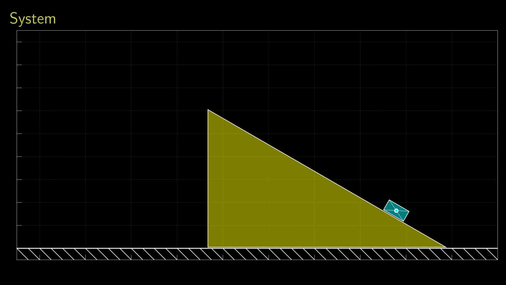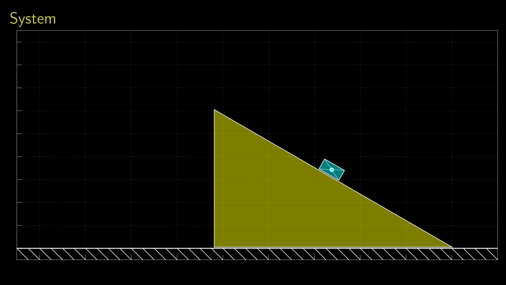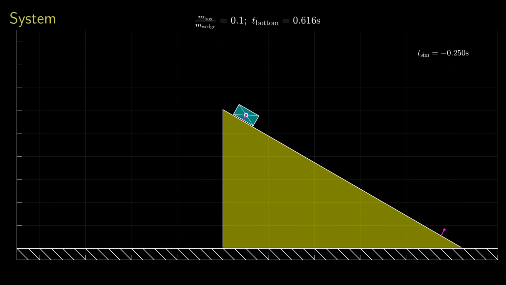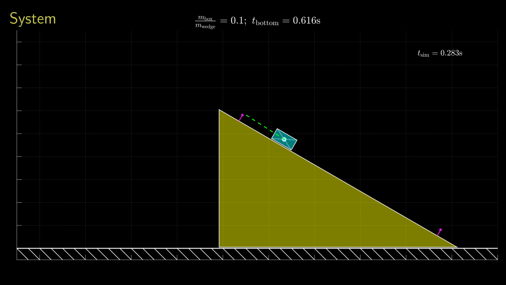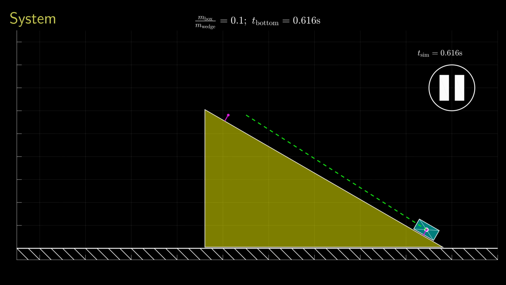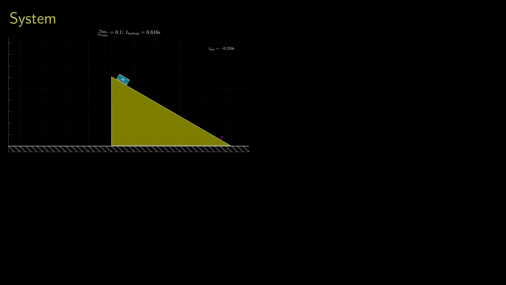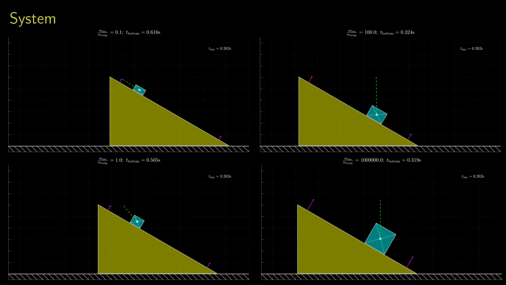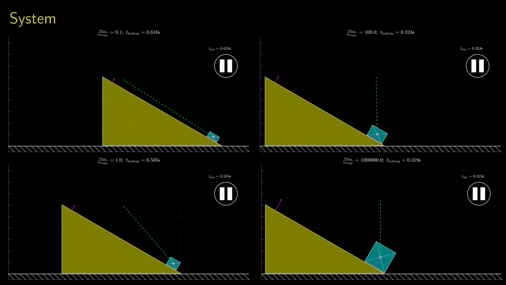For simplicity, we assume no friction between any of the surfaces. If we now put the box on top of the wedge and release it, it will slide down, push the wedge back in the process, and arrive at the bottom after some time. Depending how heavy both elements are, this will take shorter or longer.